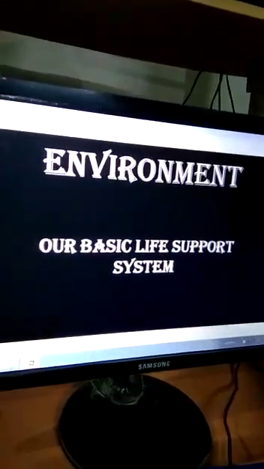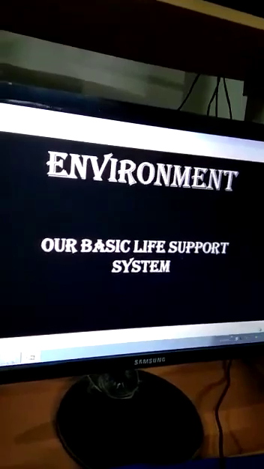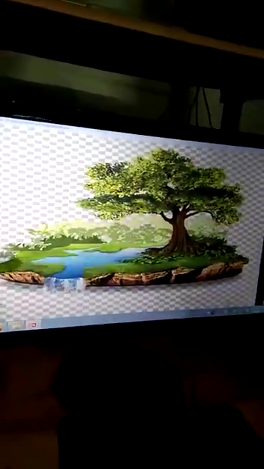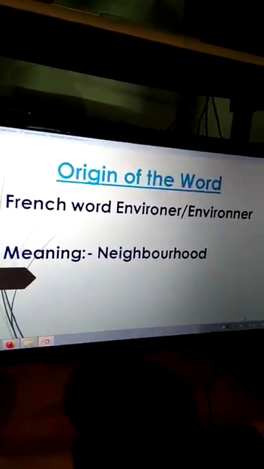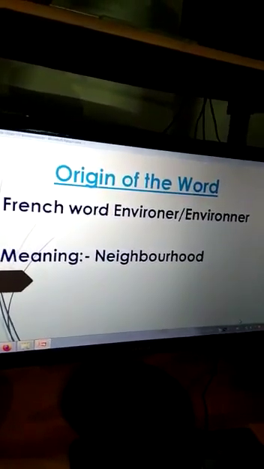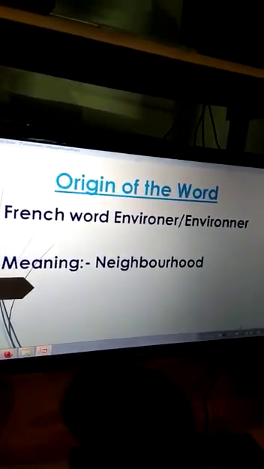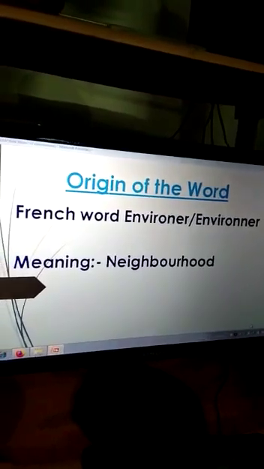So now let me discuss where the word environment originated. The word environment has been derived from the French word environner. I am telling again, it has been derived from the French word environner, which means neighborhood.